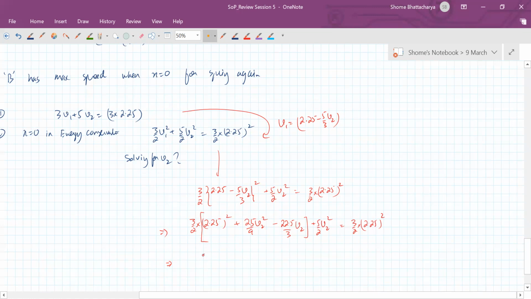So this will become 25 by 6 plus 5 by 2 V2 square minus 22.5 by 2 into V2 is equal to 0.